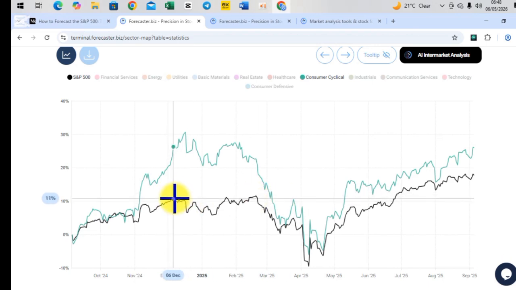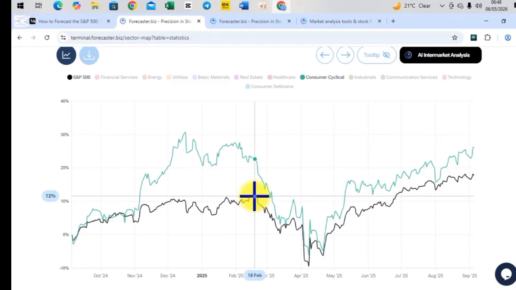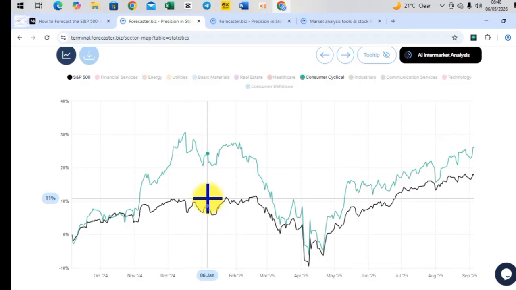This is the S&P 500, beginning from December 2024, yes, and up to February 2025. So you can see the S&P 500 created a higher high.